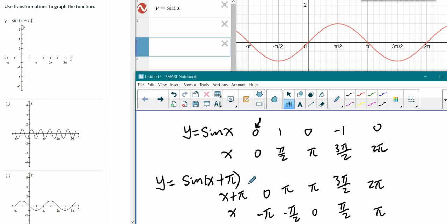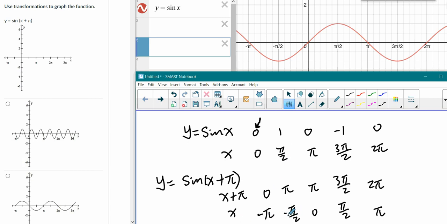Let's see the second value. Previously, for sine x, here is just x. So when x is pi over 2, you have 1. Here, if x plus pi is pi over 2, you do not need x to be pi over 2.